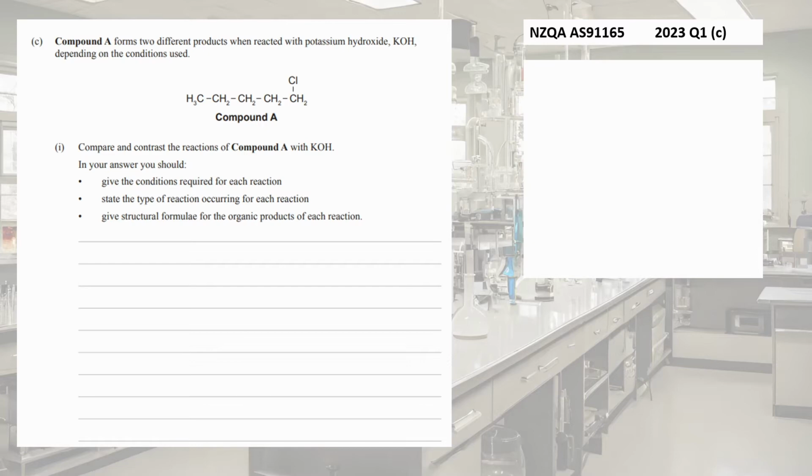We have to compare and contrast these 2 types of reactions. Talk about the conditions, that's just what I said, alcohol or aqueous. State the type of reaction. Remember, if it's an alcohol, it's going to produce an elimination reaction. If it's aqueous, it's going to produce the alcohol. And give the formula of the products.